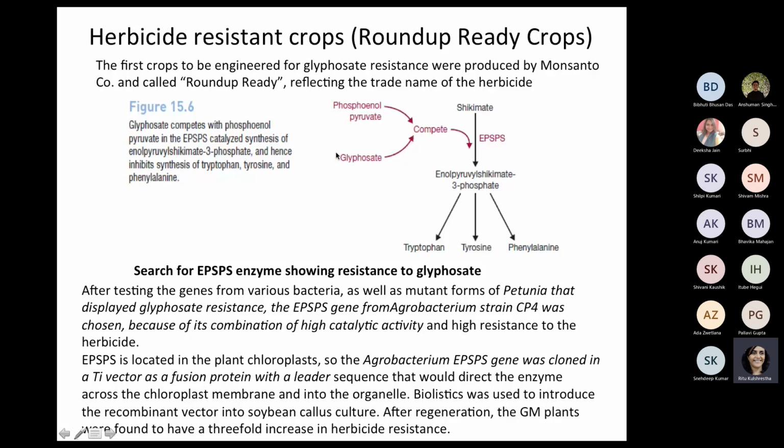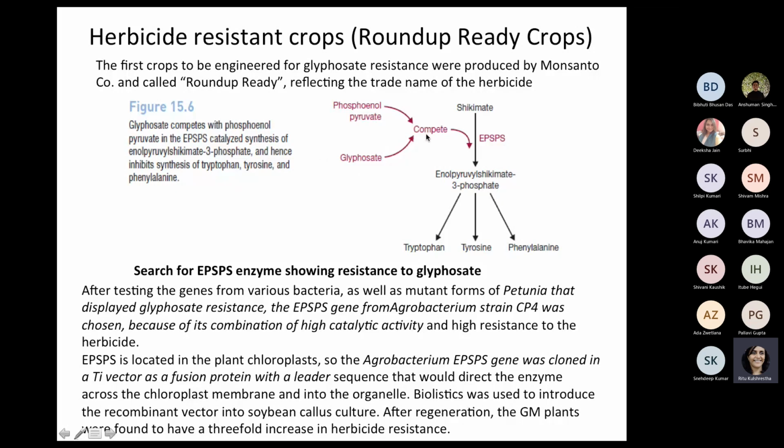What glyphosate does is that it competes with another compound called phosphoenol pyruvate. EPSPS, only when it is bound to PEP, becomes active and then goes for this pathway. However, if we somehow inhibit the activity of EPSPS, and in this case, glyphosate competes with PEP.